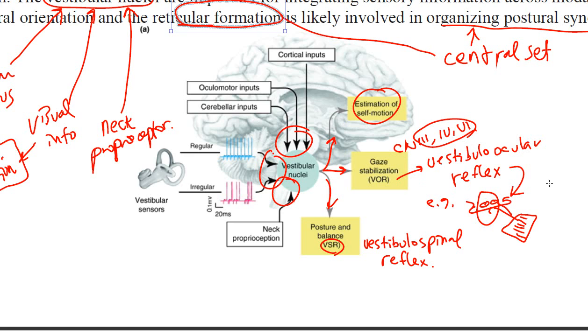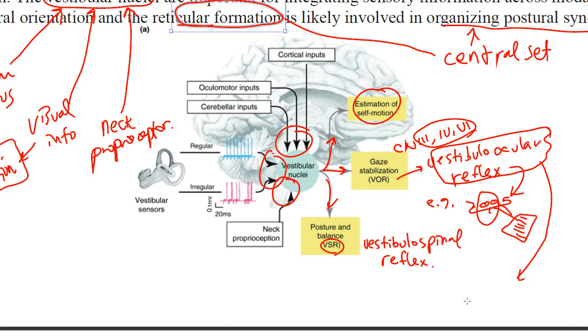So without this reflex, or some patients lost this function, he or she might view the world as if you're holding the camera and just recording a video, and you watch that image later on and it feels very shaky. And while watching that video, you might feel dizzy because it's not stabilized.